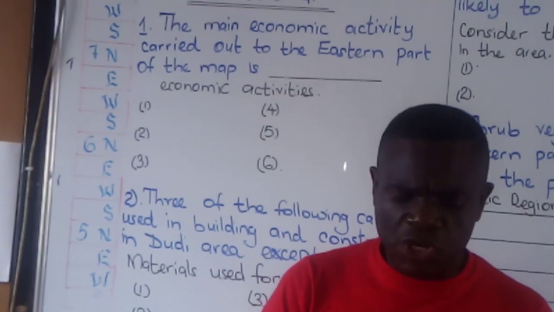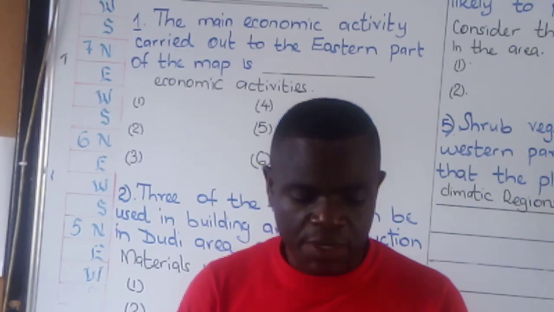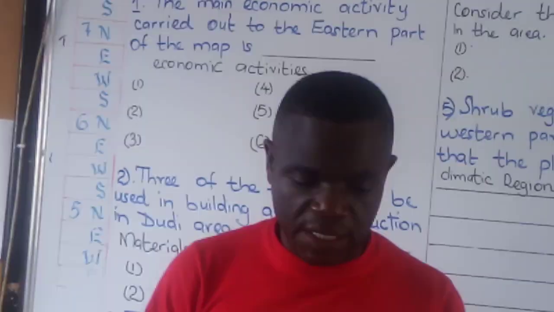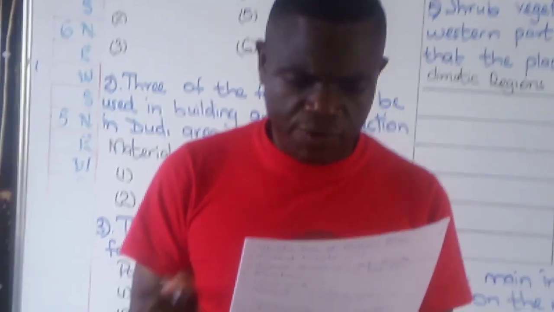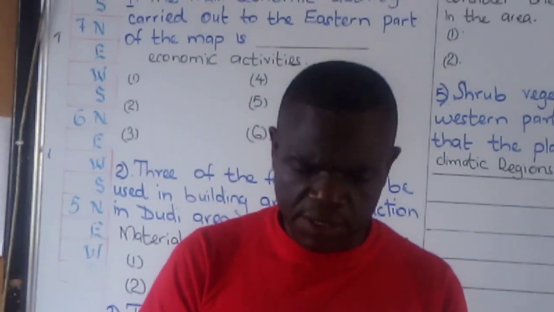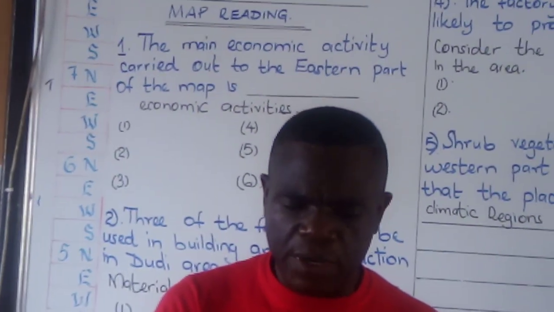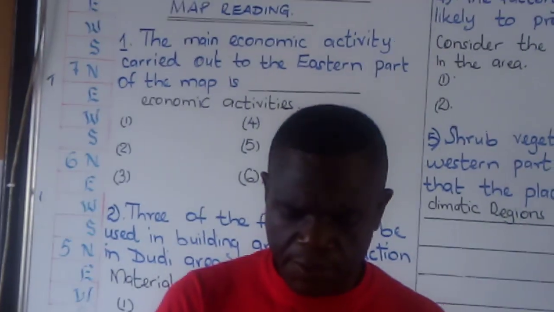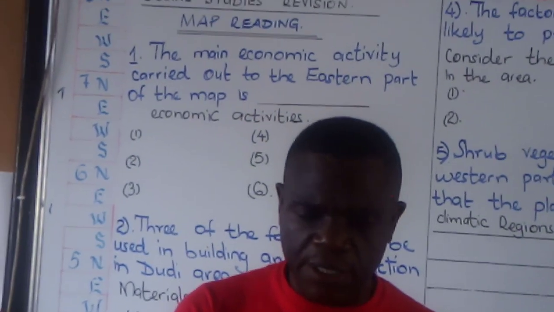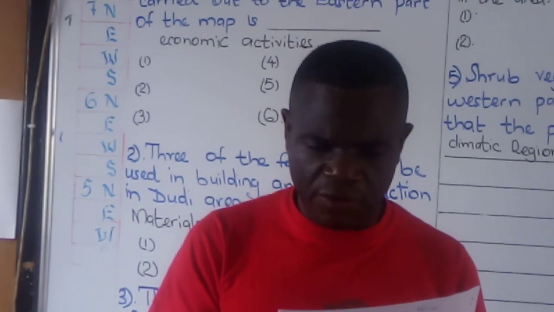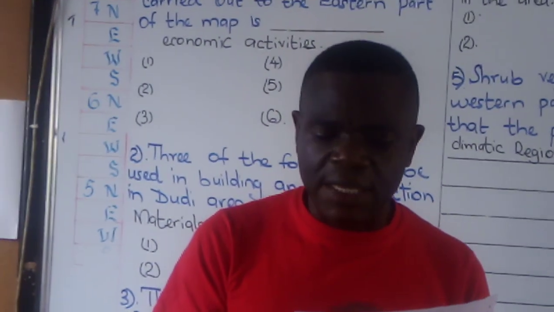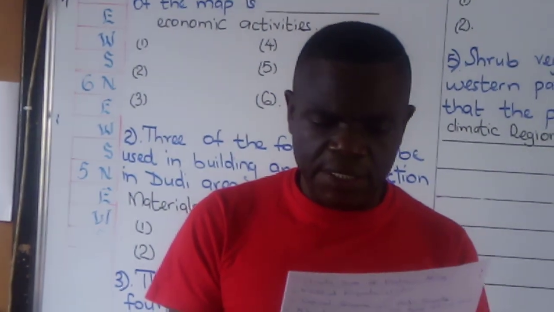Now, we look at some features on the map to be able to identify the economic activities that take place there. You've got the GP, and when you check on the key, GP means game park. So there is a game park on the east part. There is a market on the eastern part.